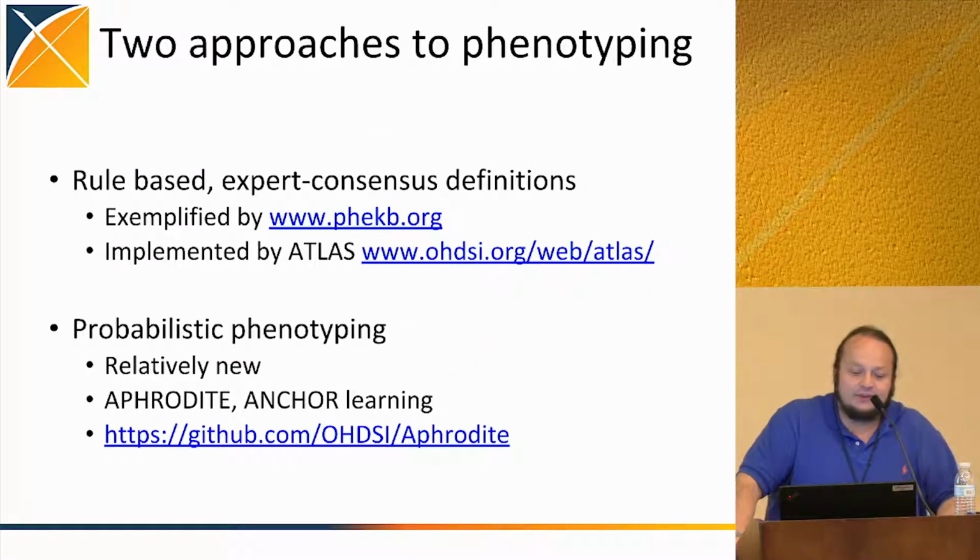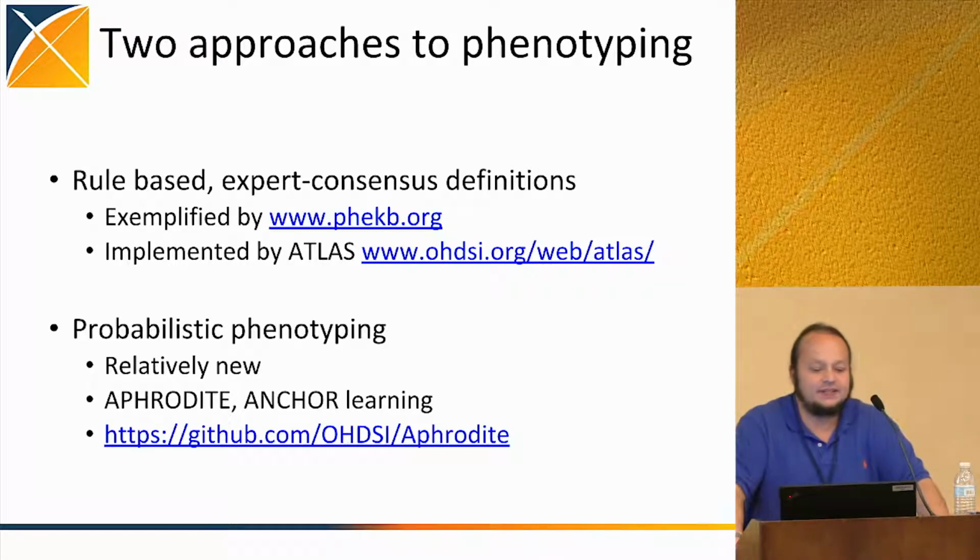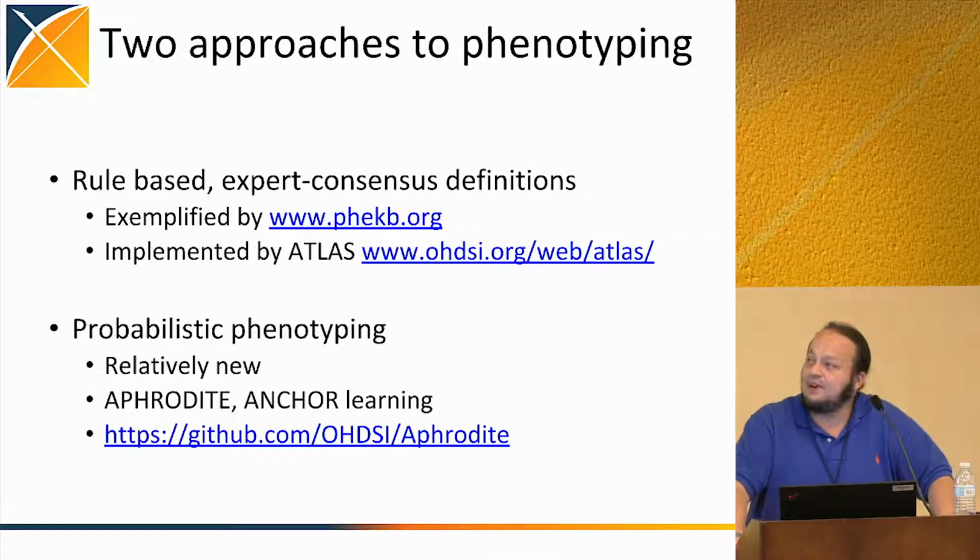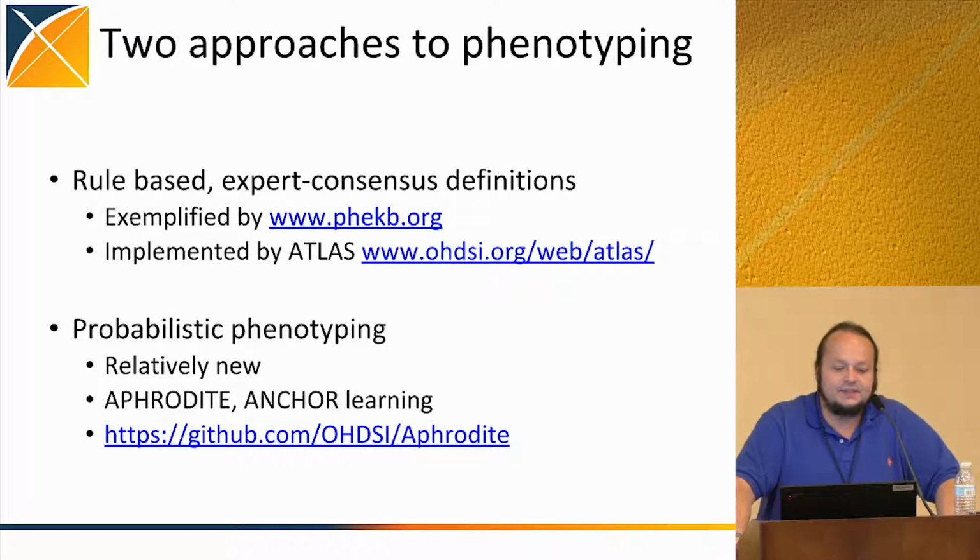So, the classical approaches: you have the rule-based. This is the most popular one and the traditional way. You have expert consensus definitions, and you have places like PheKB where you can go and look at certain phenotypes that have been validated and designed by major institutions.